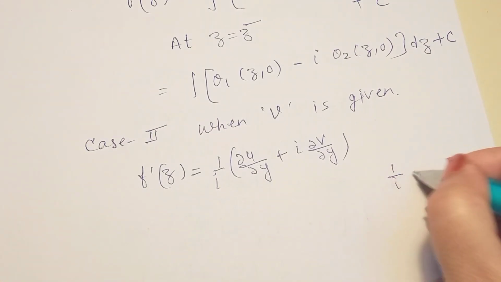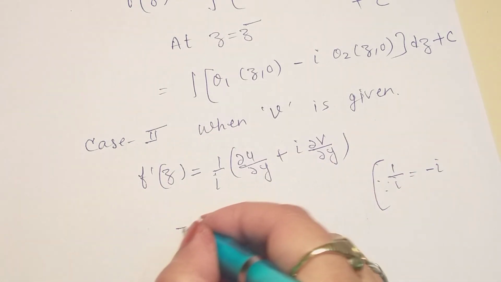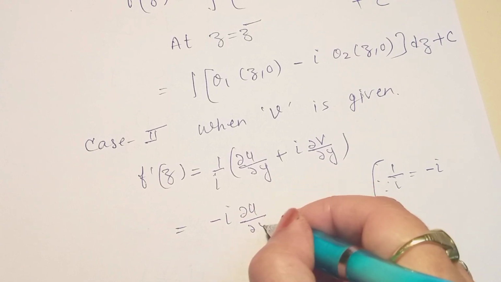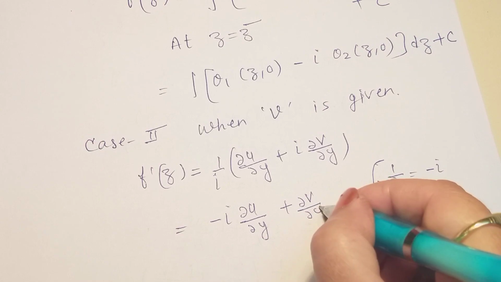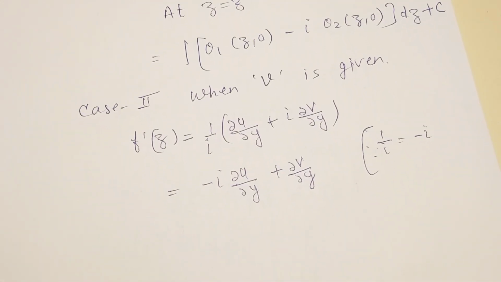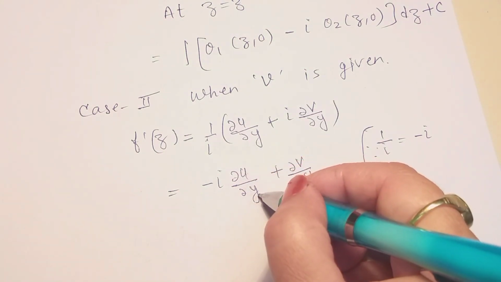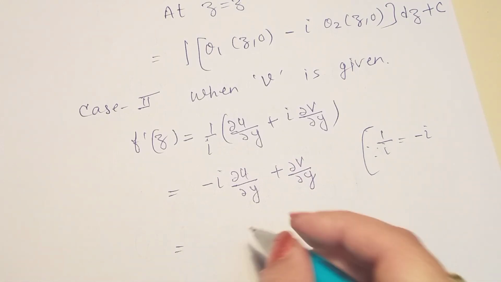We know that 1 by iota is equal to minus iota. Okay. So open the bracket, it will become minus iota del u by del y plus del v by del y. Okay. Again, by using Cauchy-Riemann conditions, we can replace this value del u by del y by minus del v by del x. Okay.